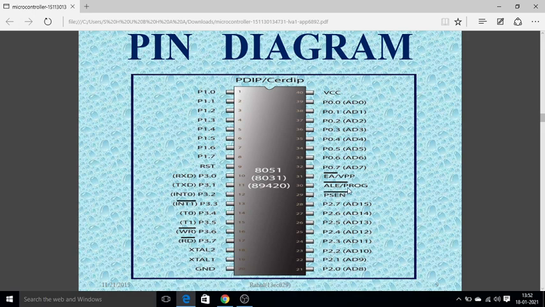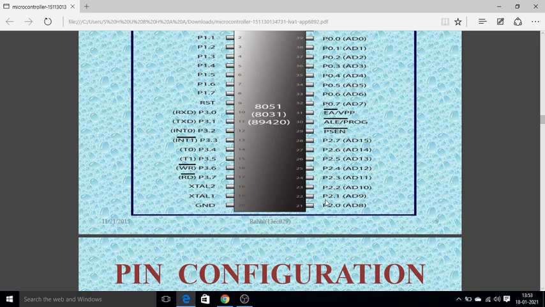Otherwise, whenever it is active low, the external memory will be selected. And here also there is a program store enable, and all the negatives will be connected. Based on all these things we are going to have one particular pin configuration.